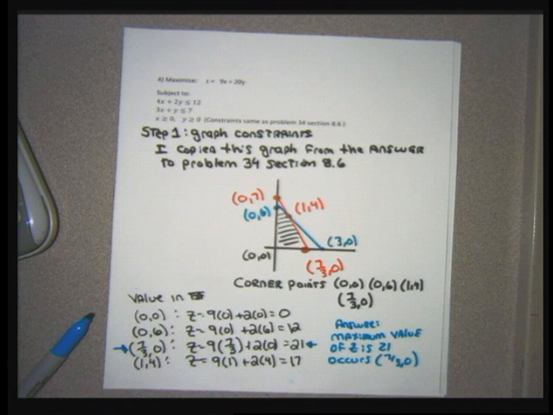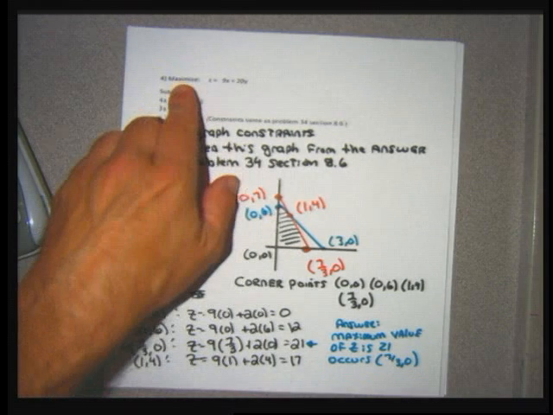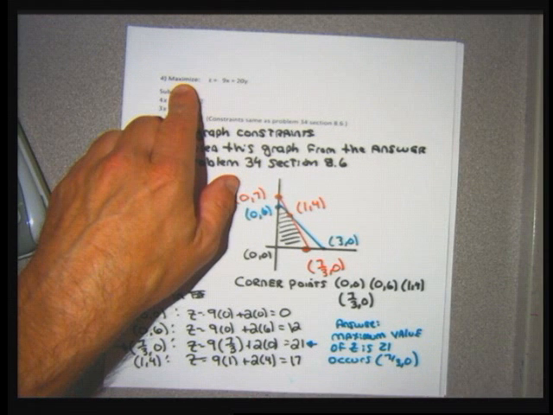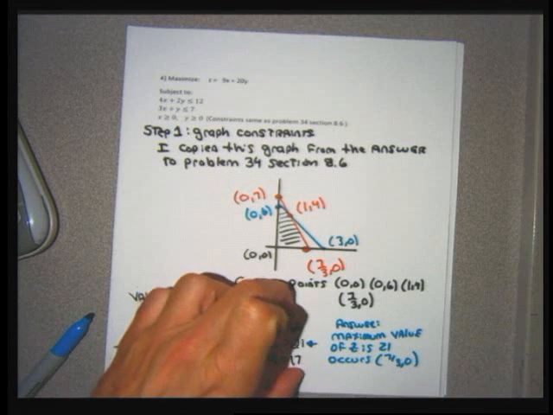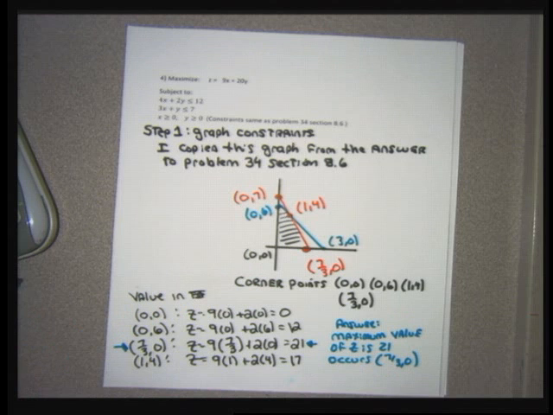The next 3 problems are essentially the same, except the word next to the z says minimize. And when I go to find the best point, I'm going to be searching for the point that gives the smallest value. This is like in a business, if you're trying to minimize your cost, then you're looking for the smallest value as opposed to the largest value.